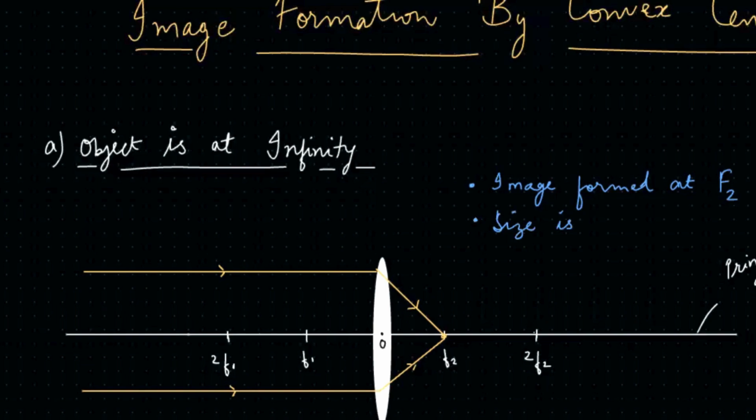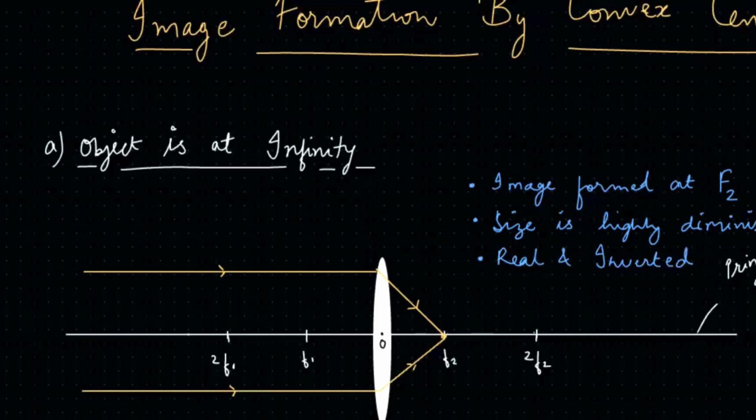That means a very point size image is formed. And third, the image formed is real and inverted. Very important points. So this was the first ray diagram when the object is at infinity.